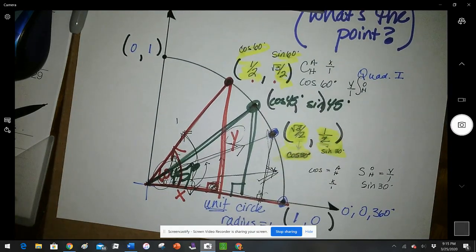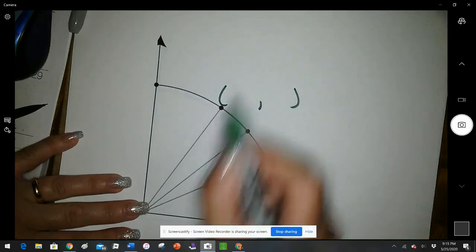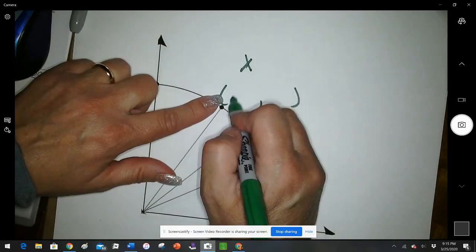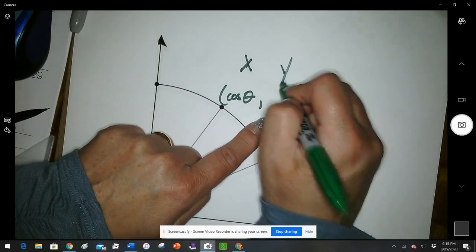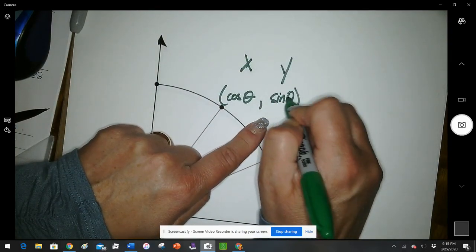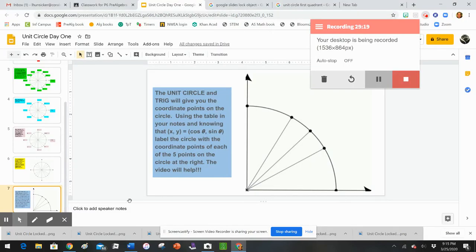If there is nothing else that you take away from here, I hope that you take away that your x coordinate is always the cosine of the angle, and your y coordinate is always the sine of that angle. And that, ladies and gents, is how you're going to fill out this last slide.